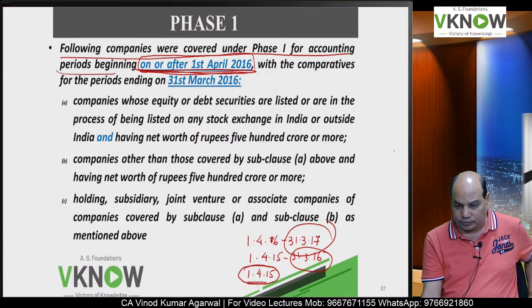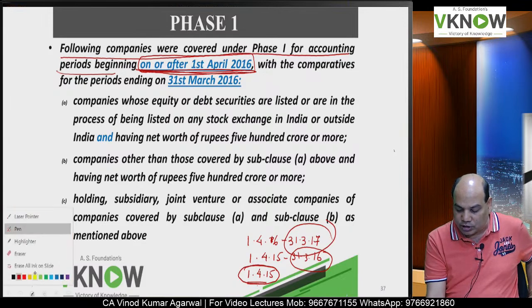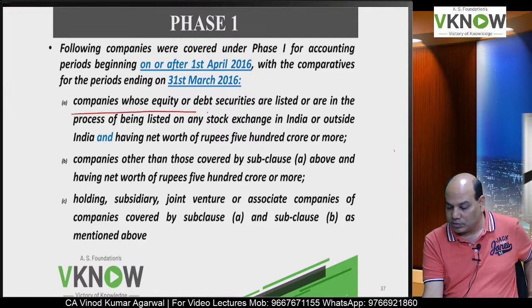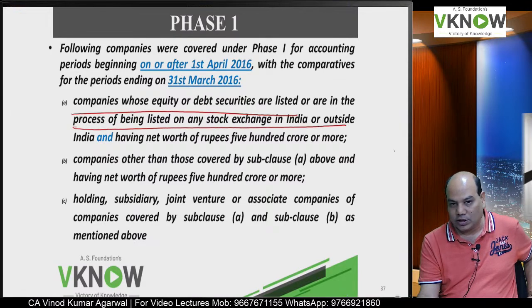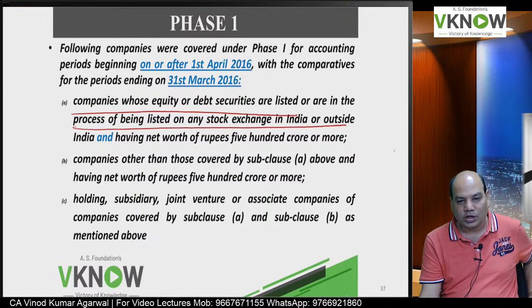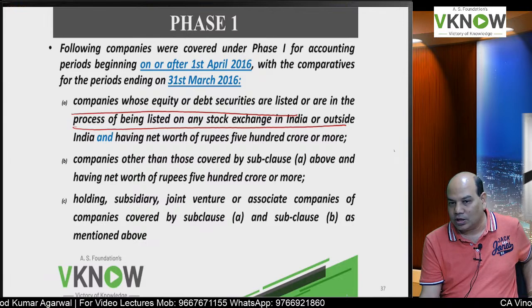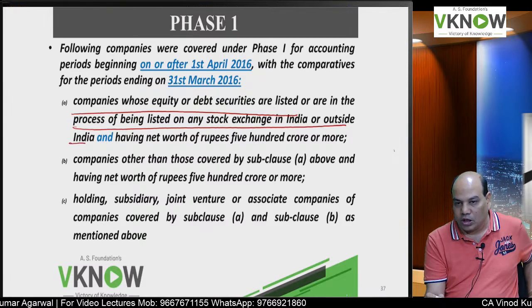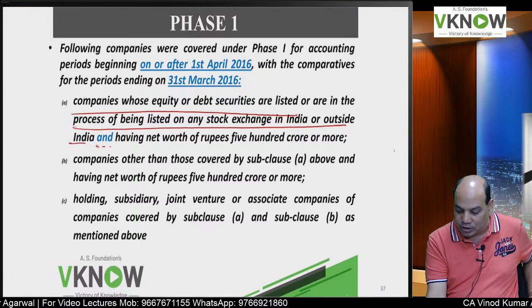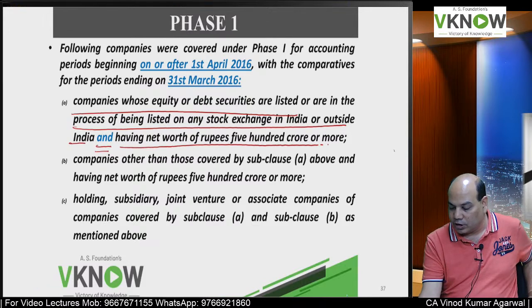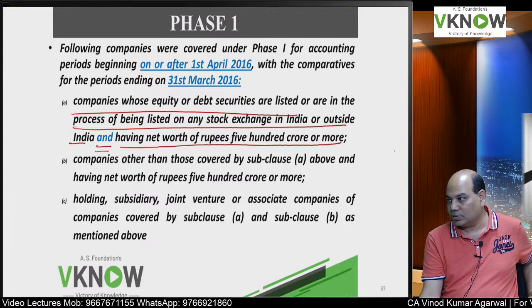Is it right? Which companies were covered in phase 1? First is, in simple terms, a listed company or a company in the process of listing. How to remember? Listed or in the process of listing, whether in India or outside India, and having net worth of 500 crore or more rupees.